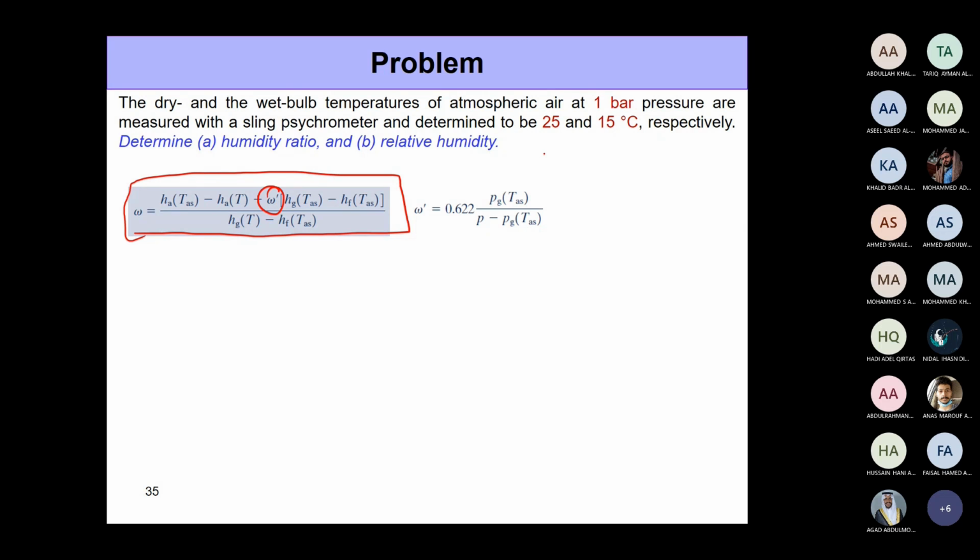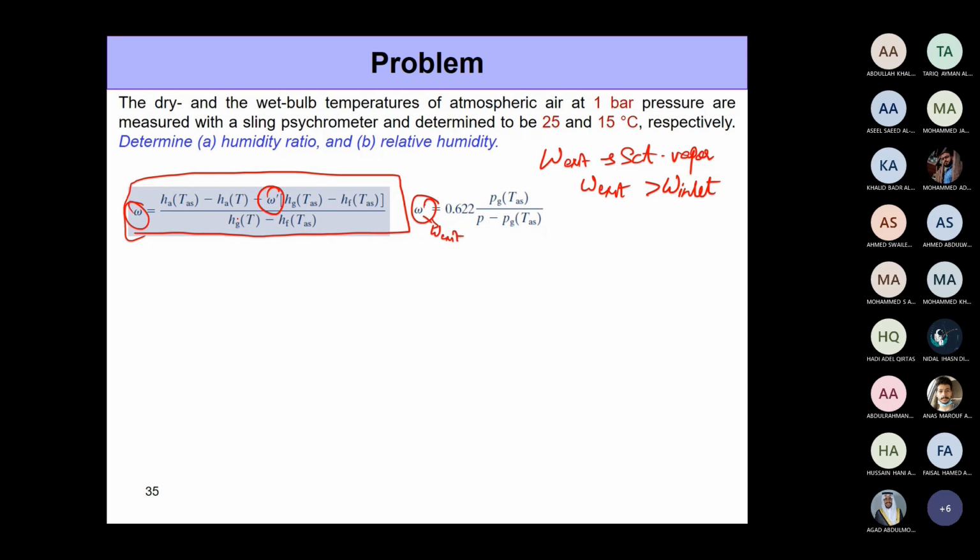And we said omega at the exit is going to be saturated vapor, and we make it saturated vapor by adding more and more water vapor as it passes through the liquid-containing container, or as it passes through this wet wick. So basically, the omega at the exit should be greater than the omega at the inlet, right? We will calculate both of these. So omega is omega at the inlet, and omega prime is omega at the exit.